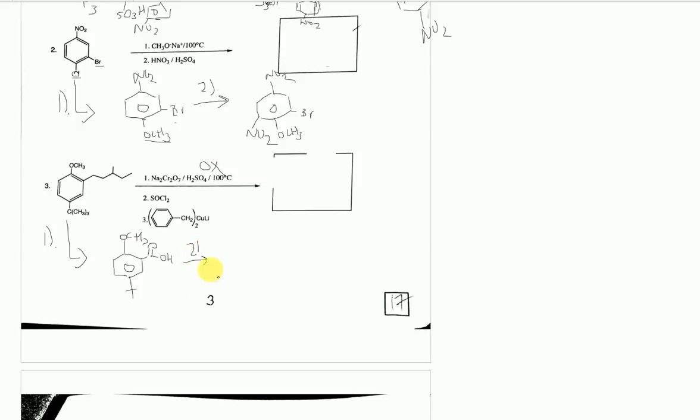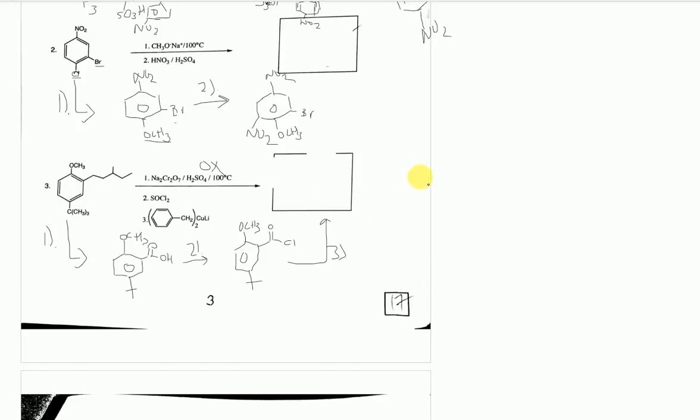Step 2, SOCl2 turns a carboxylic acid into an acid chloride. So we have a carboxylic acid. We just replace the OH group with the Cl group. And then step 3, we have some R group to CuLi. This turns acid chlorides into ketones.